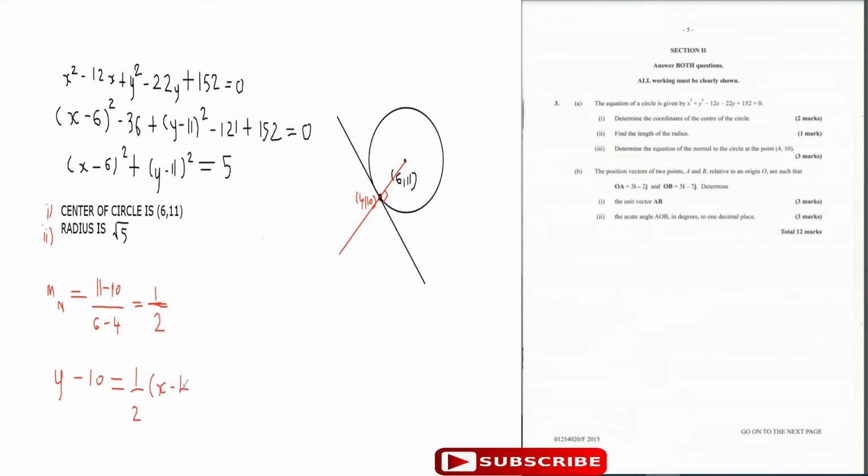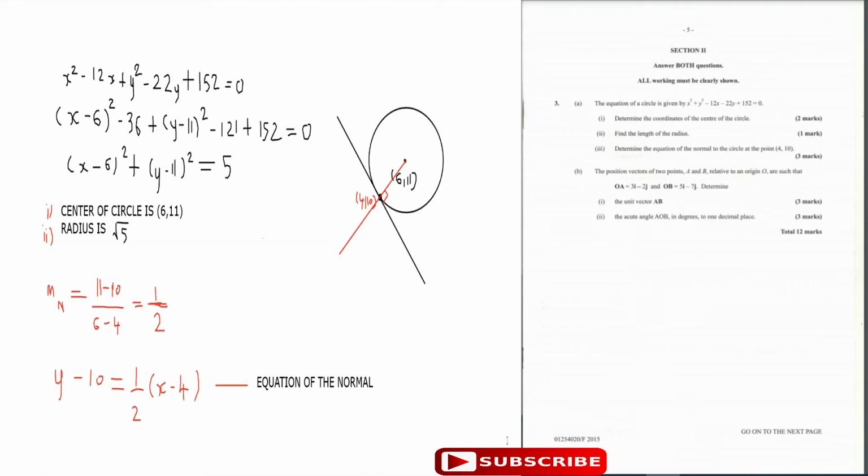And so this is the equation of the normal. I'm not going to simplify because they didn't ask to. So y minus 10 equals a half times x minus 4.